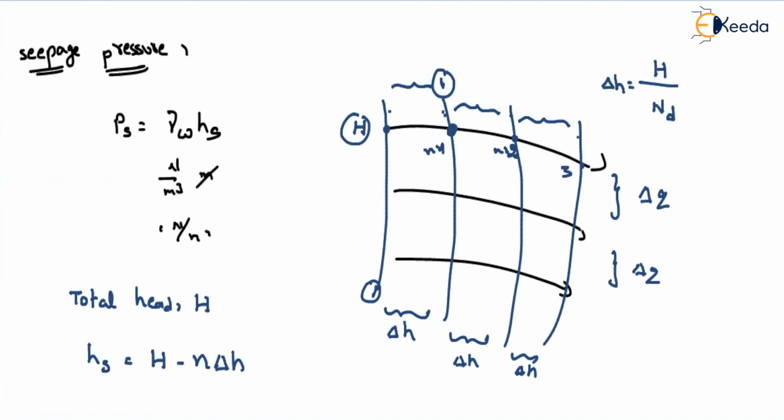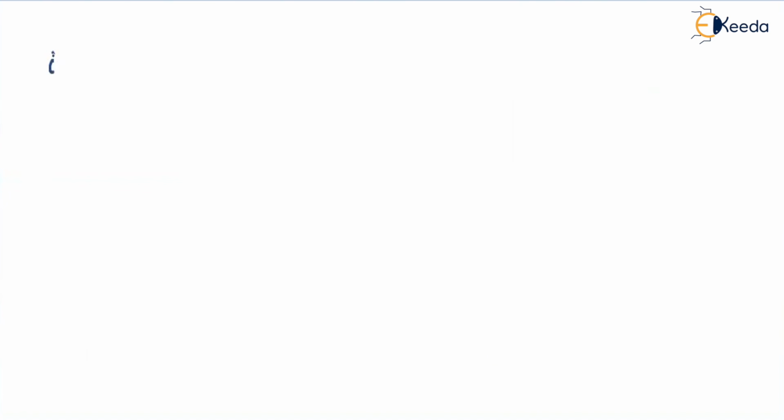Next, we also have to find out the exit gradient, which we will represent with i subscript exit. The first question is why we have to find out the exit gradient. If the exit gradient is not within the permissible limit, then, as we have discussed in the previous chapter, there might be a possibility that piping can occur. So this exit gradient should always be within the limits to prevent piping.